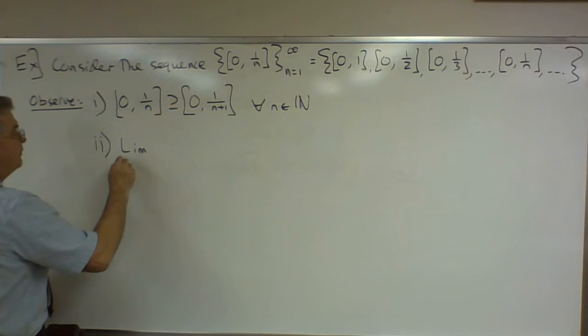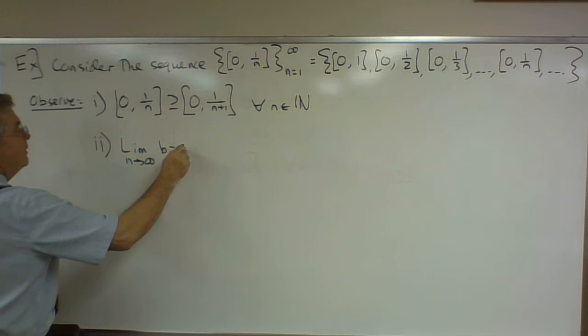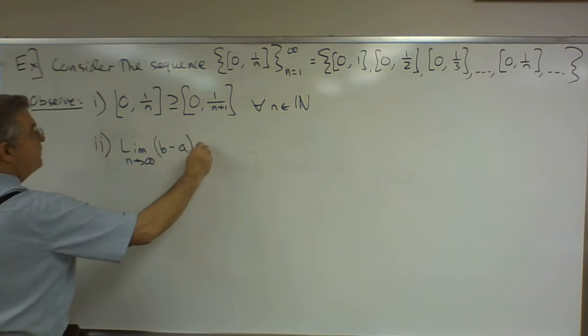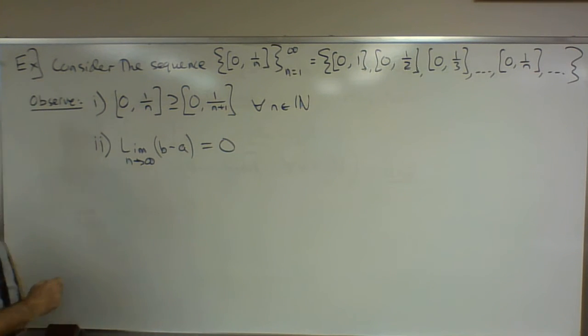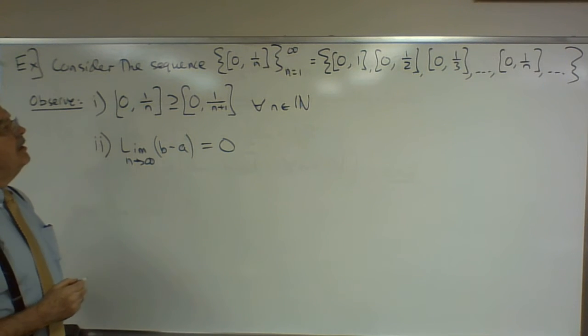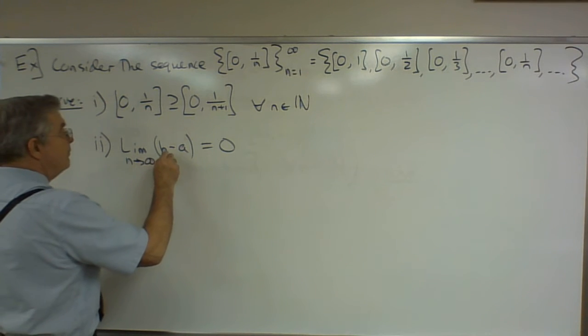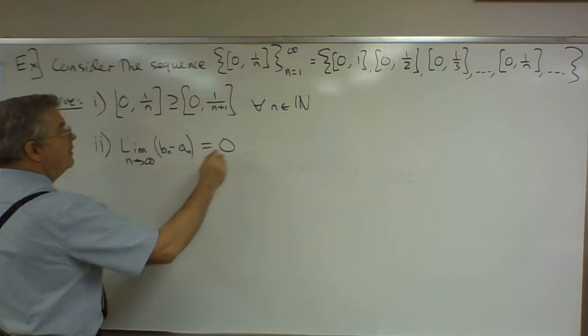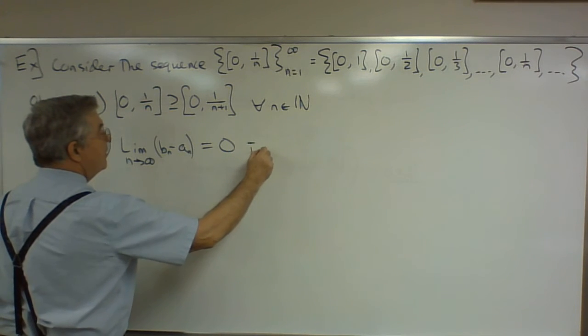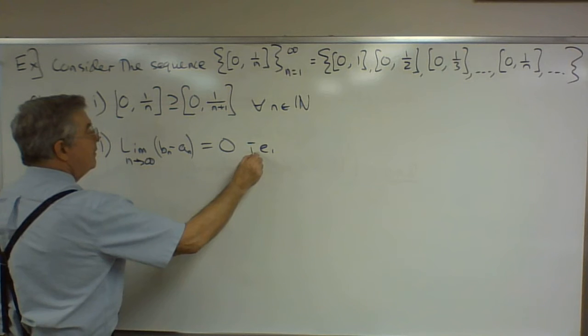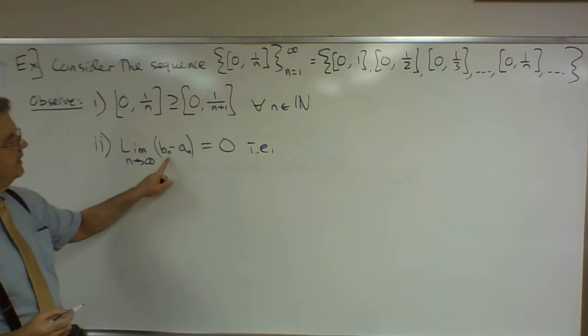Now let's see. Is it true that as n goes to infinity, b minus a goes to 0? What are we really saying here?